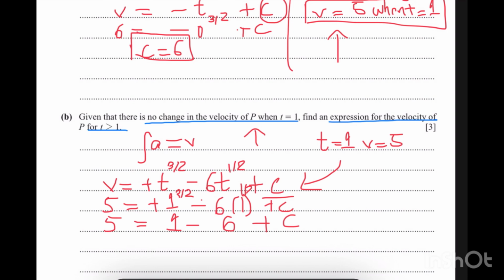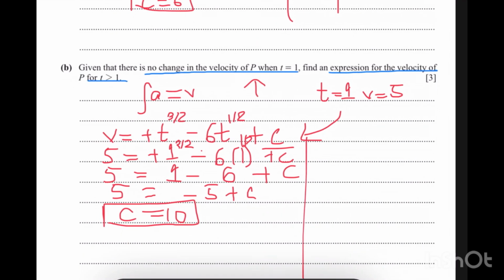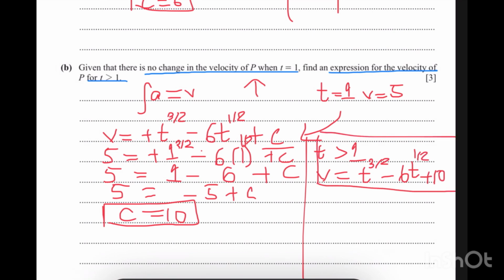So 5 equals minus 5 plus c, hence c equals 10. And that means that for when t is greater than 1, the velocity equals t raised to power 3 by 2 minus 6t raised to power 1 by 2 plus 10. So that is the second part.